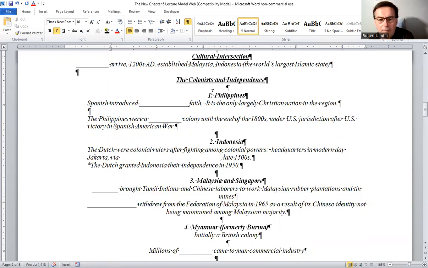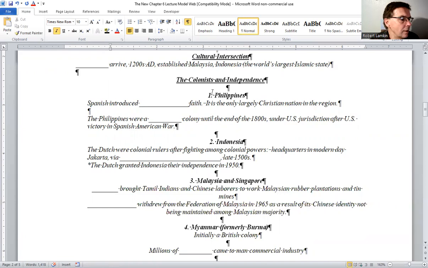The Philippines were also a Spanish colony until the end of the 1800s. Then it was under American jurisdiction after our victory in the Spanish-American War.